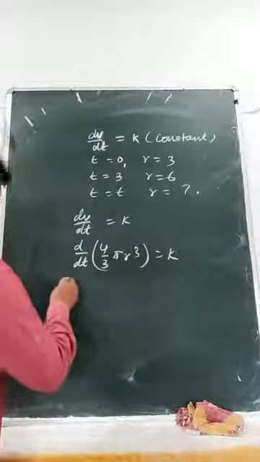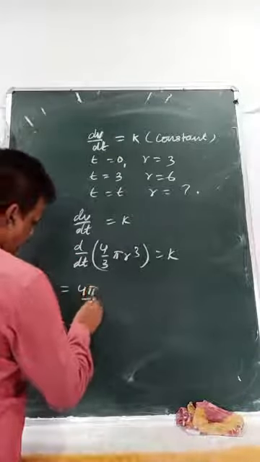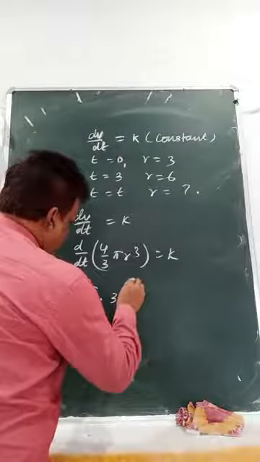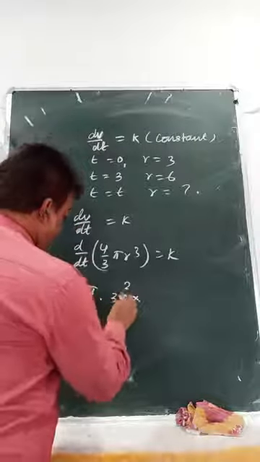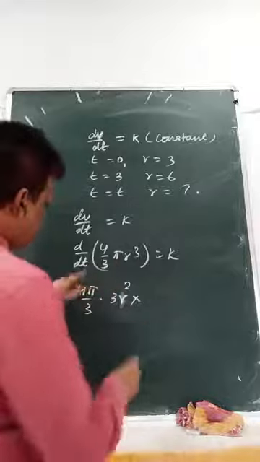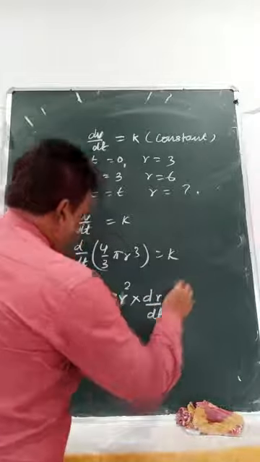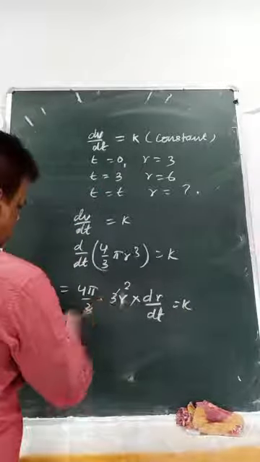So 4 by 3 pi keeping outside, r cube, derivative is 3r square, r with respect to t is dr by dt, equals K. So 3 is cancelled.